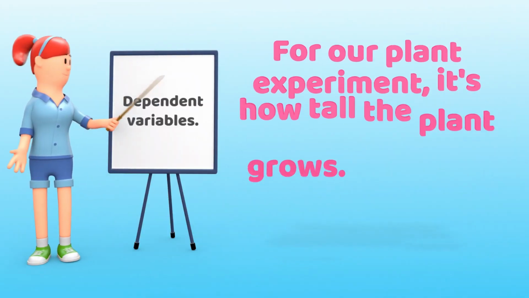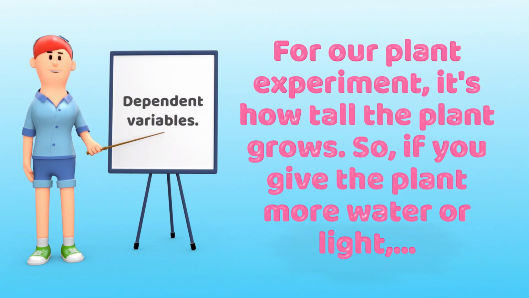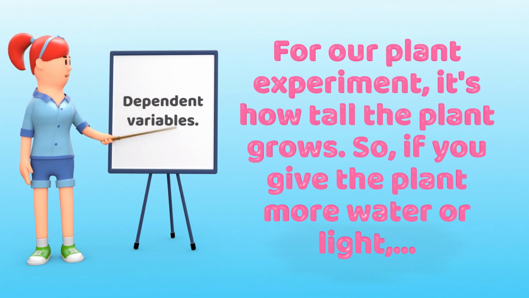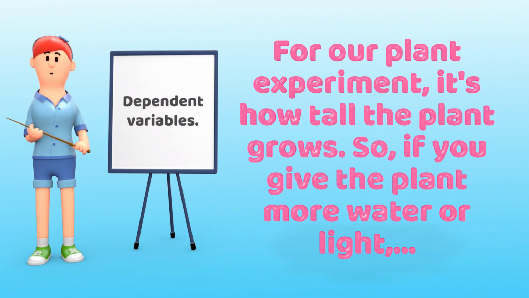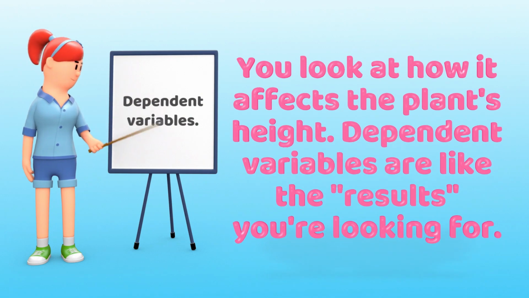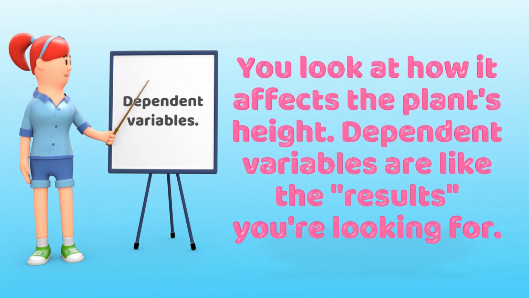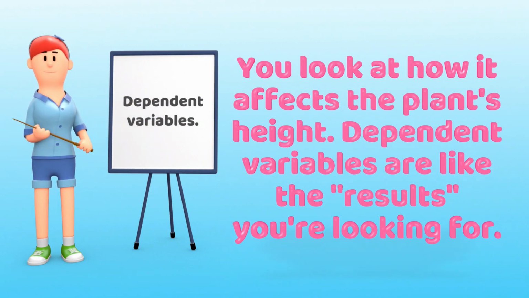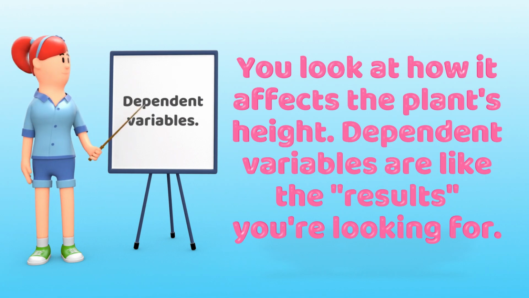For our plant experiment, it is how tall the plant grows. So, if you give the plant more water and you look at how it affects the plant's height, dependent variables are like the results you are looking for.